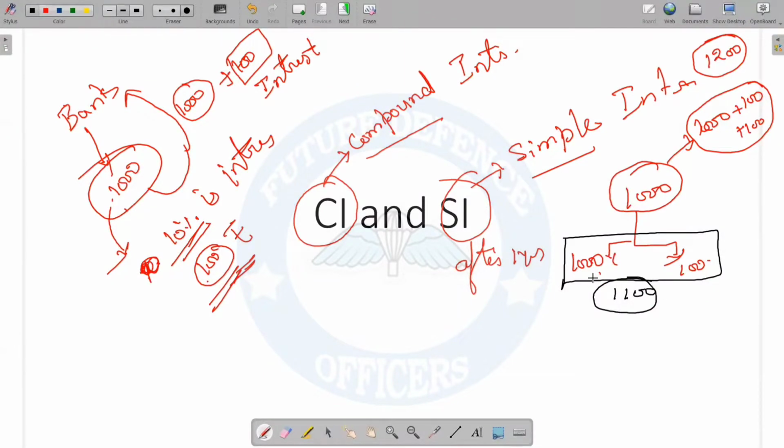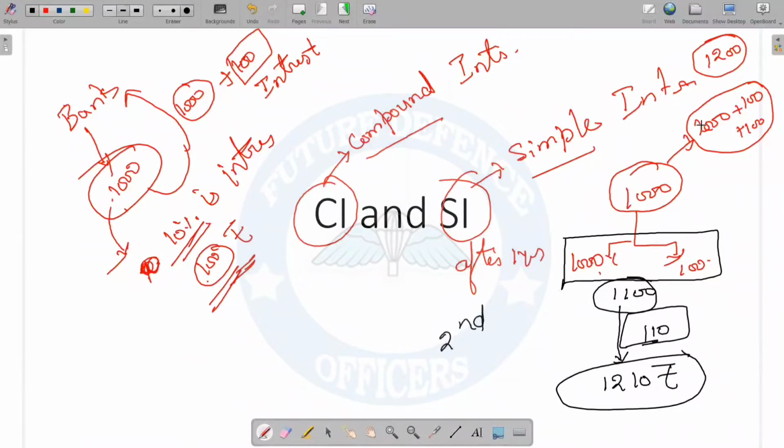For the second year, you pay the interest on this 1,100 rupees, not on 1,000. So the second year's interest will be 110 rupees, because 10% of 1,100 is 110. After the second year, you will be paying 1,210 rupees.